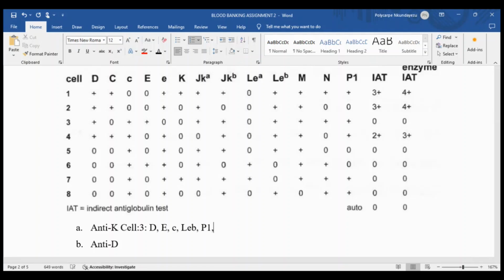So now we are on cell number 5, right? It's number 5, isn't it? Small c is out already.